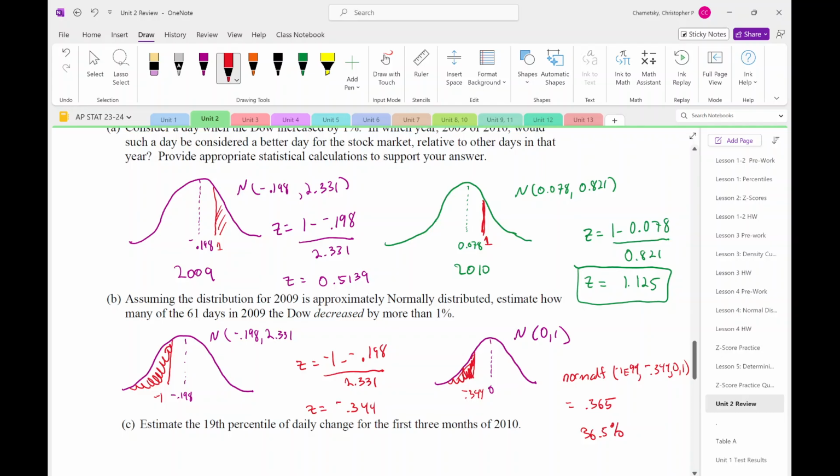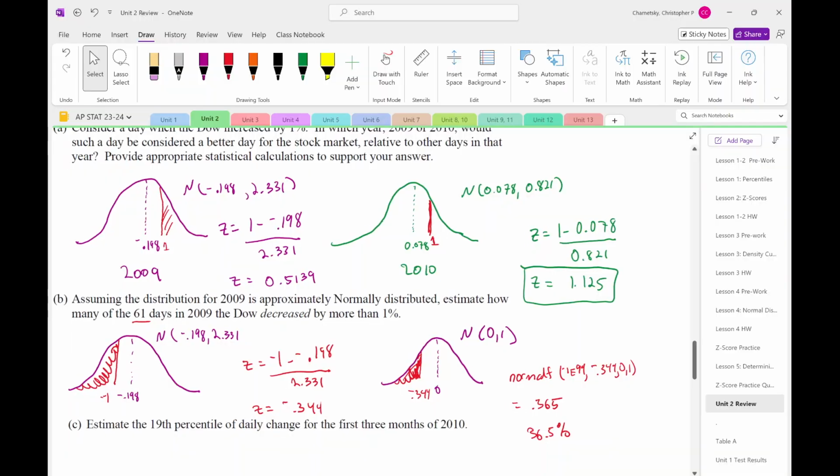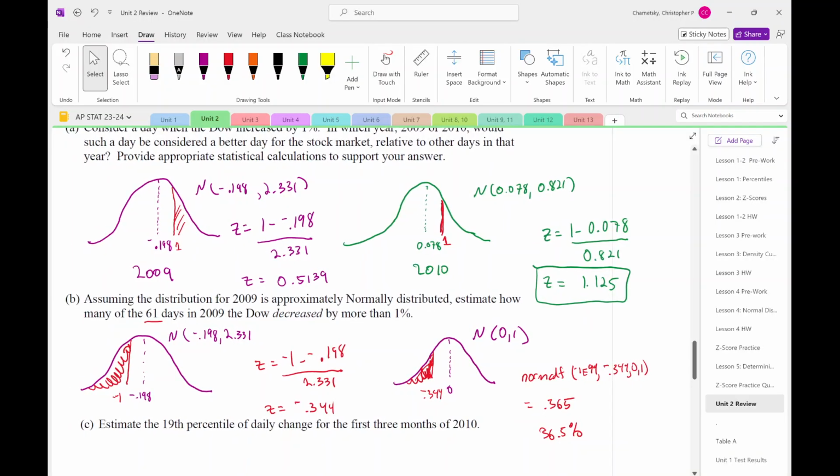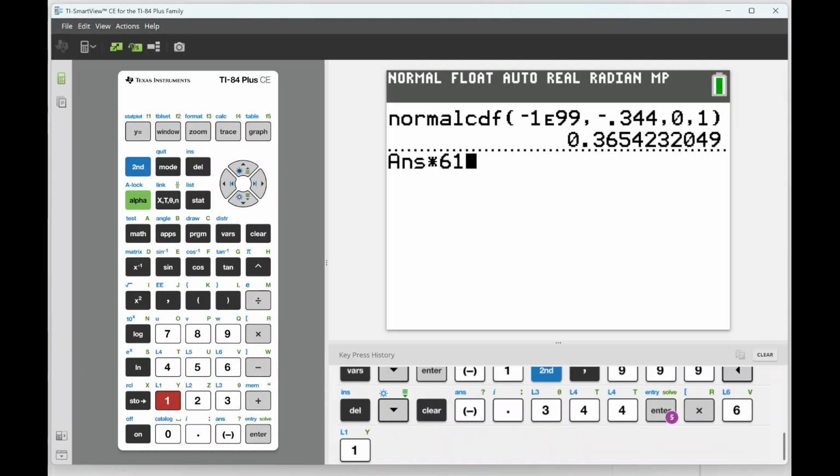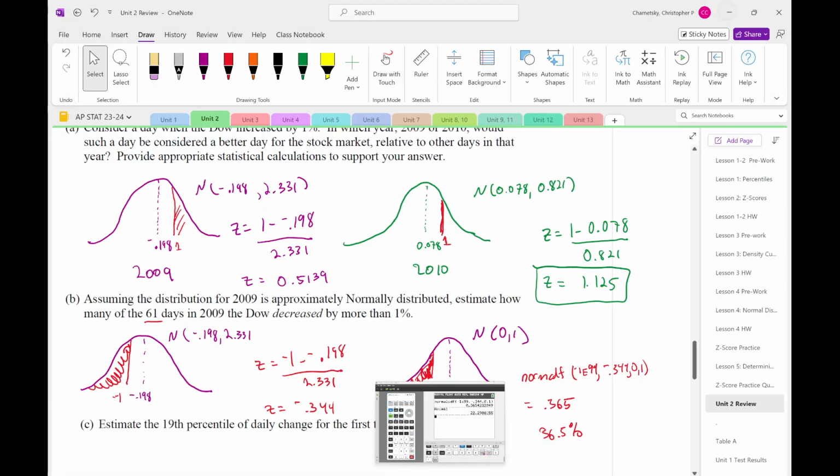How many days is that? Well, the last step would just be what is 36.5% of 61 days? So we would just do that number times 61 days, and that's 22.29 or 22.3 days.